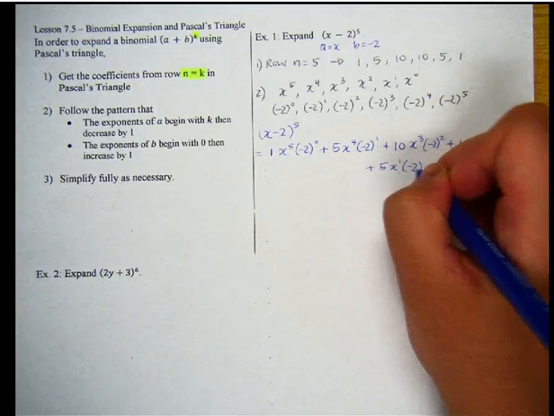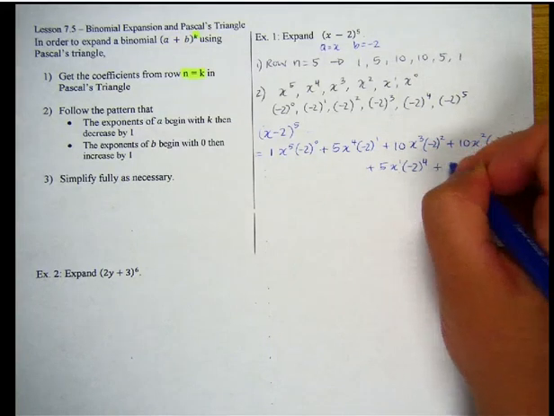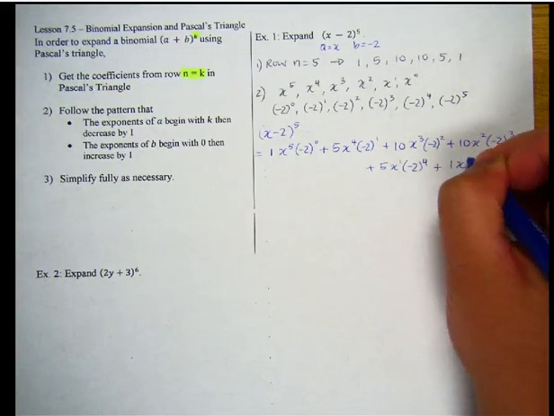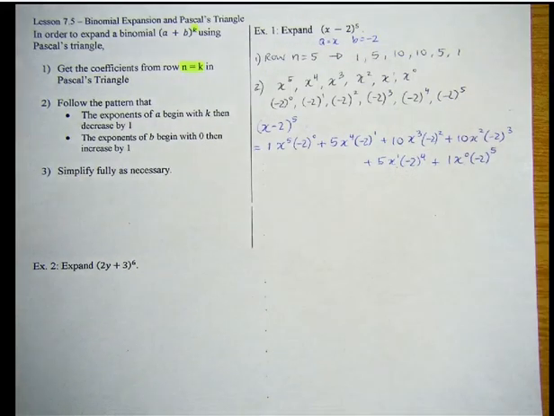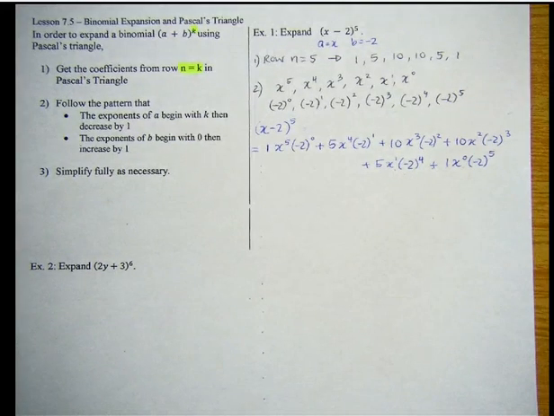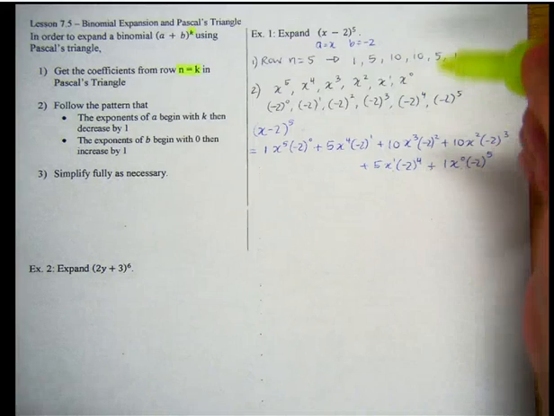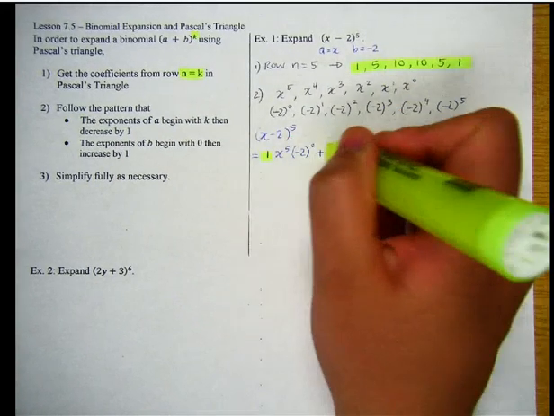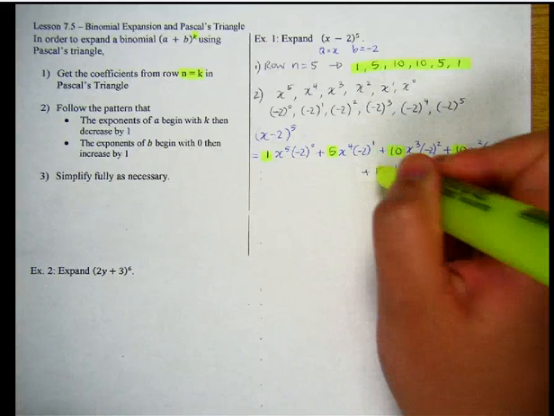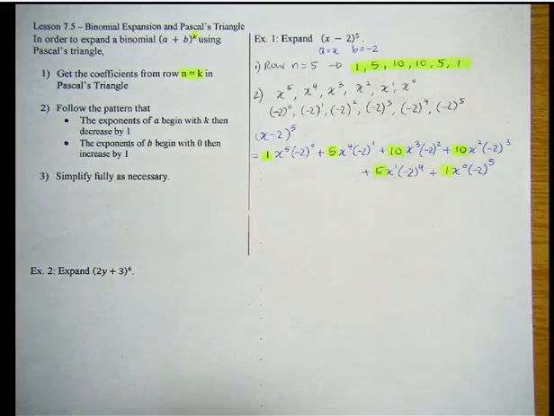5x^1, (-2) exponent 4, plus 1x^0, (-2) exponent 5. So as you can see, all of the coefficients are from this 1, 5, 10, 10, 5, 1: 1, 5, 10, 10, 5, 1.